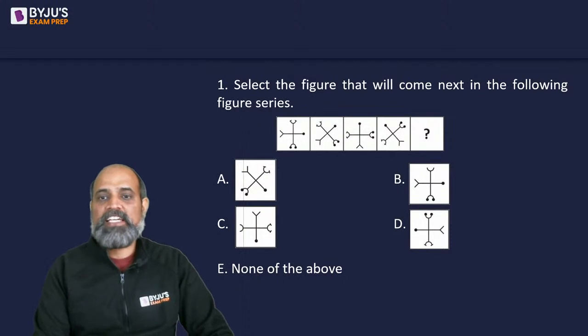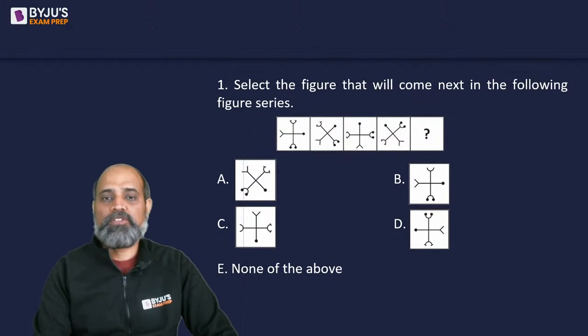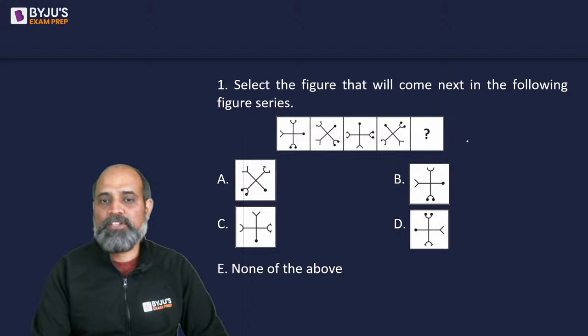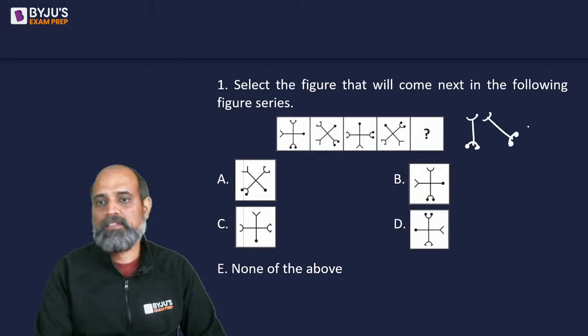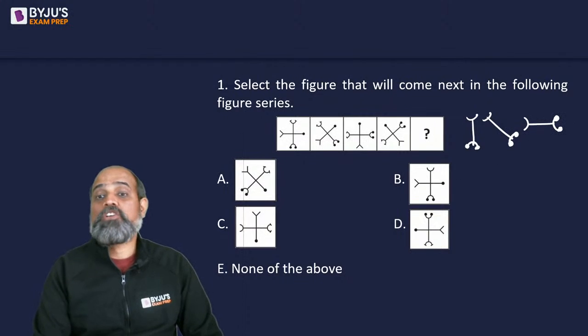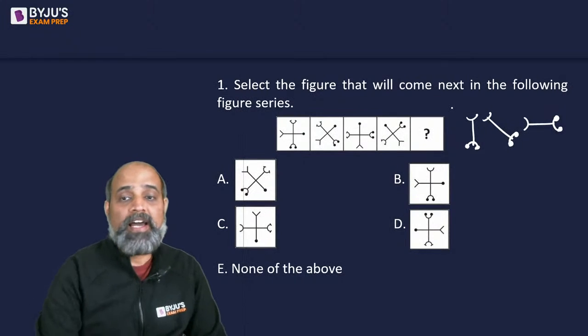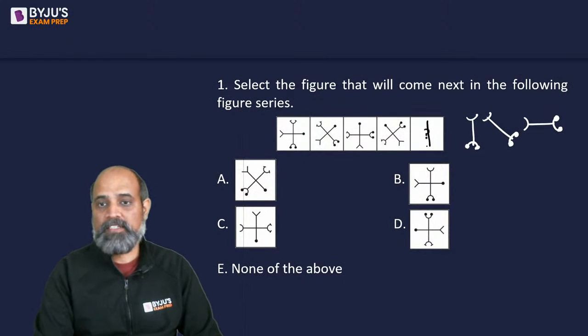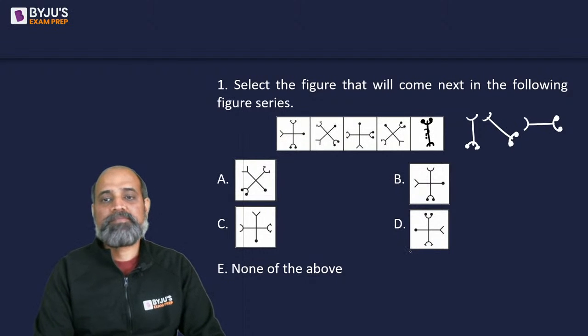So if you look at each figure, they have two lines, right? A vertical one and a horizontal one. And if you follow the pattern for this particular figure, the first one, you will realize that it's moving in the anti-clockwise direction, isn't it? Going by that logic, the last figure should have this particular stick in this format, right?